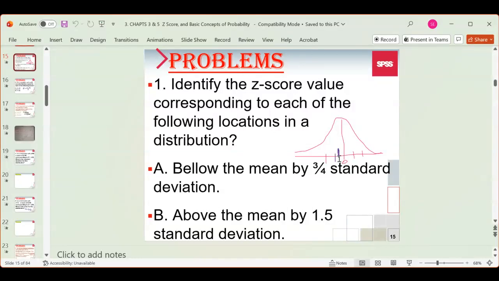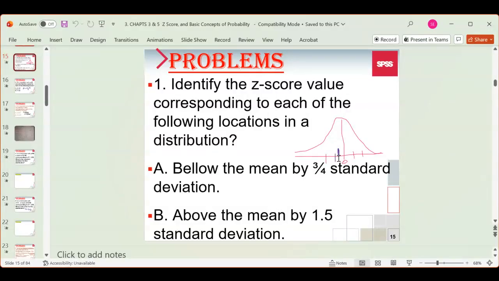As you can see, that blue line inward is just a quarter of a point short of one standard deviation below. Below means less, so it's right there. If it were one standard deviation below the mean, it would be that black line. But since it's 3/4, that's what it is.